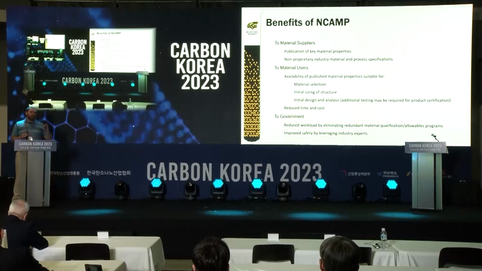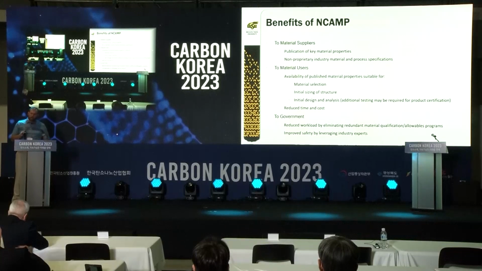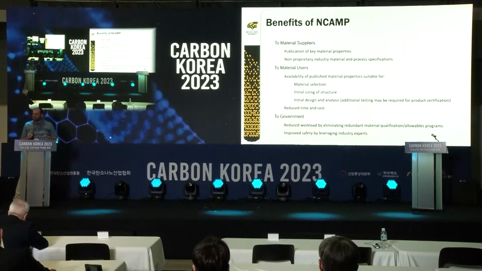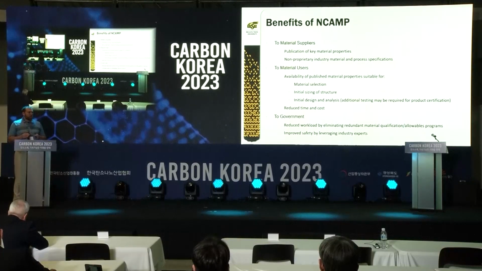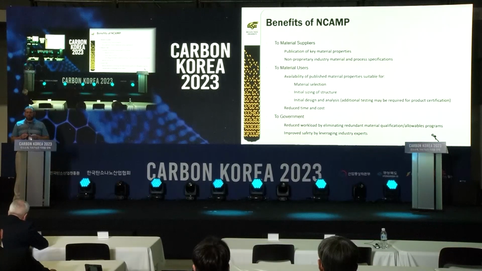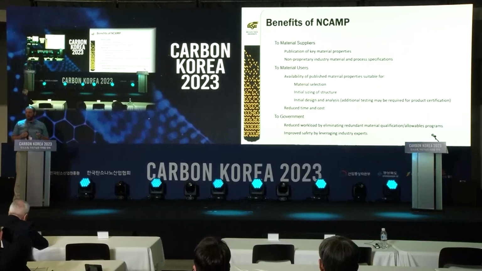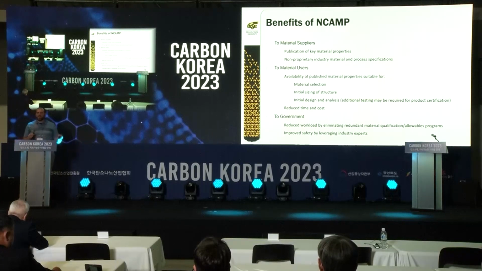It didn't matter if it was Toray or Hexcel or Teijin or Solvay or all of their predecessors, because they've all bought each other and changed names 100 times. But what they did is they were all going through these qualification processes. They were all saying that, yes, my tension is 12 KSI. Well, the next time somebody tested it, it was 42 KSI. And the next time somebody tested it, it was 112 KSI. And the FAA said, wait a minute, this doesn't make any sense.